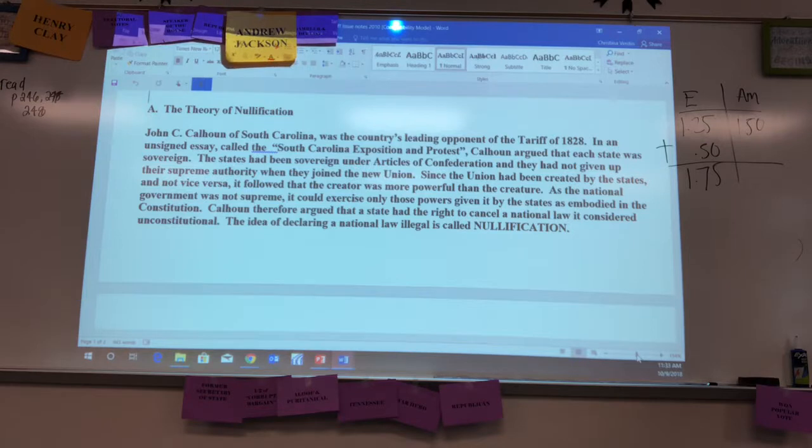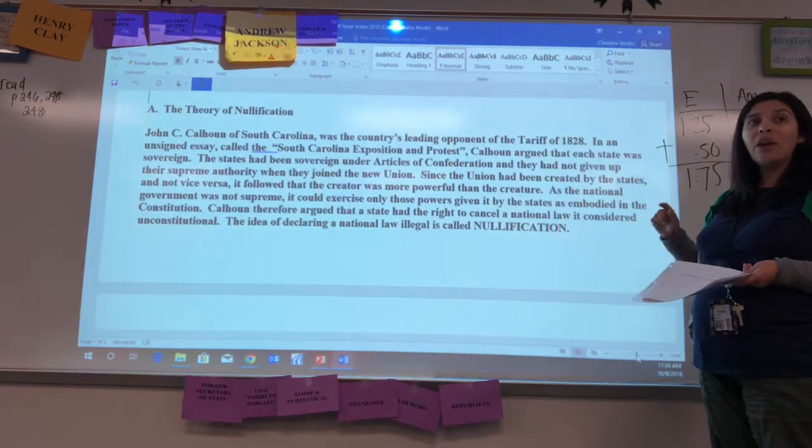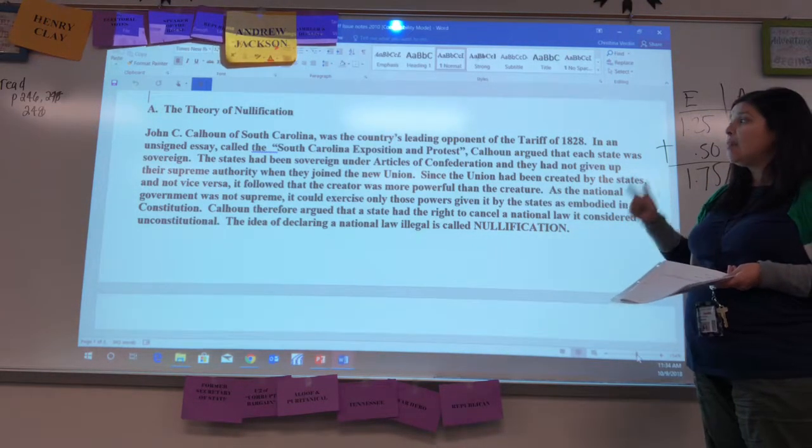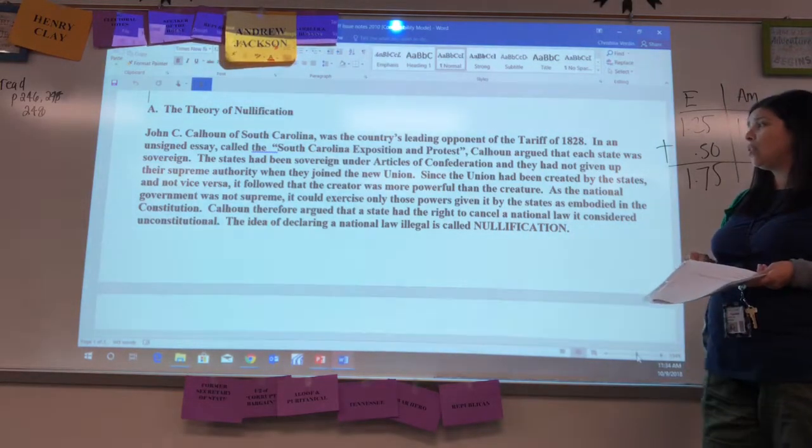So 15 says, the South Carolina Exposition and Convention endorsed John C. Calhoun's pamphlet, known as the South Carolina Exposition. What exposition did it announce? Let's read it. Calhoun argued that each state was sovereign. Sovereign means power. The states had been sovereign under the Articles, and they had not given up their supreme authority when they joined the new union.